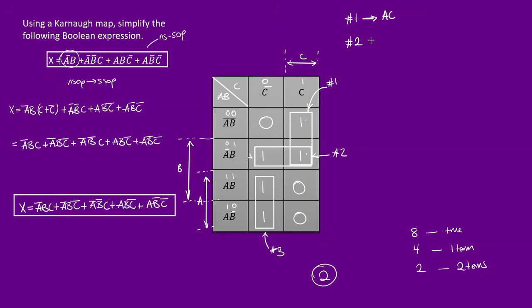So with our set 2, let's look at it this way again. The value of C, the value of this set. So we have AB, not AB, not C. So for set 2.